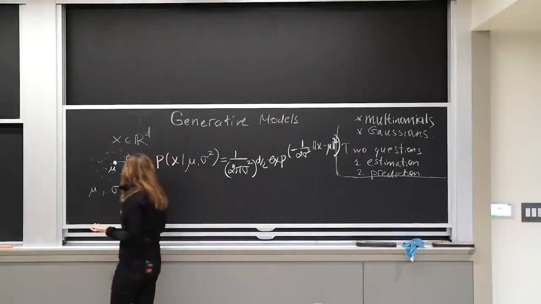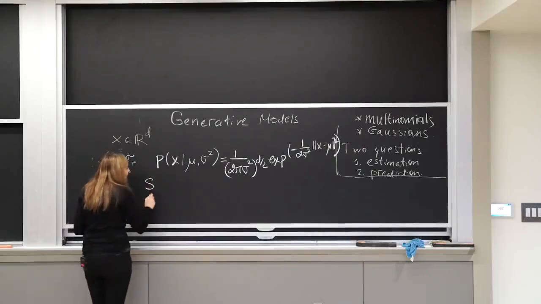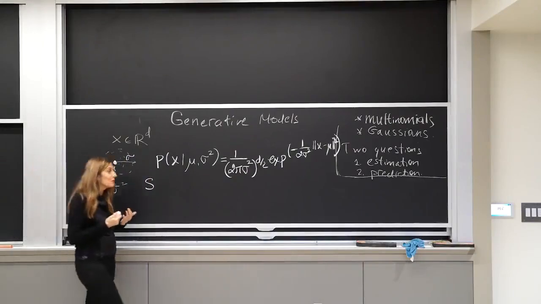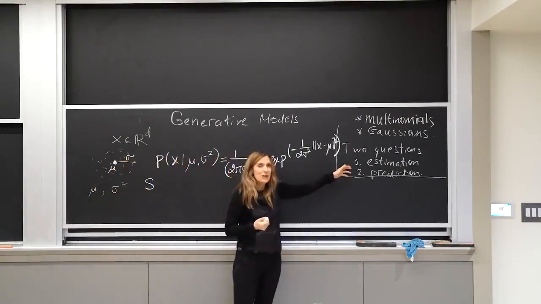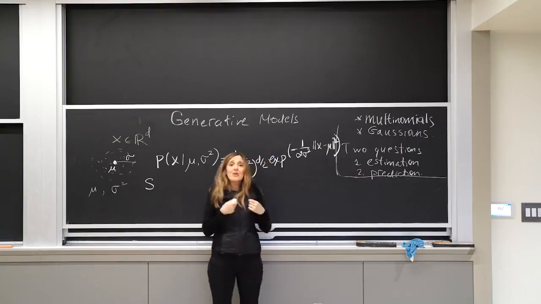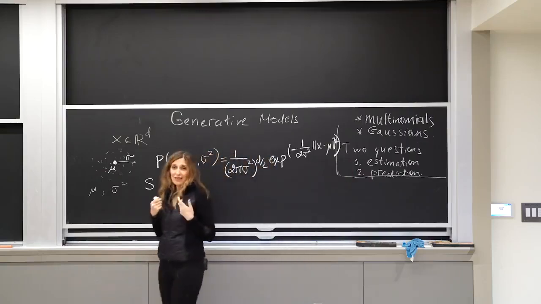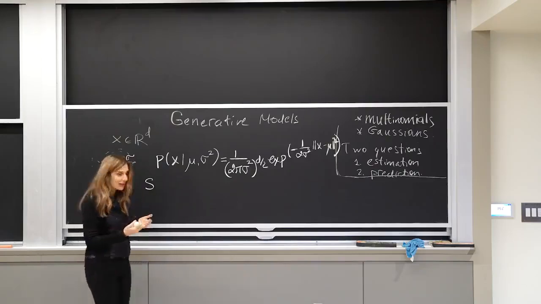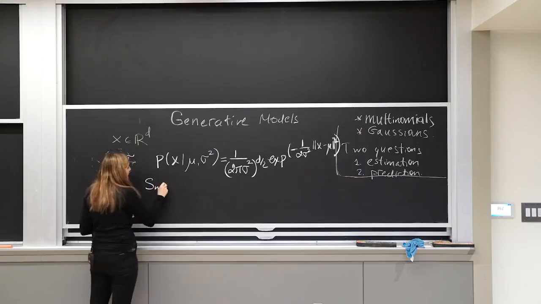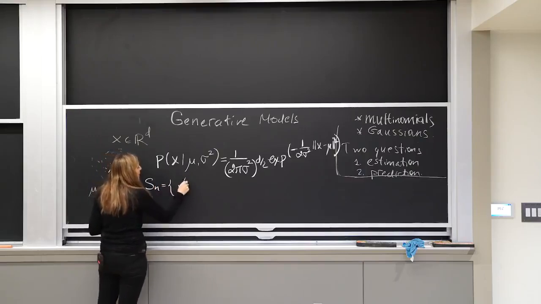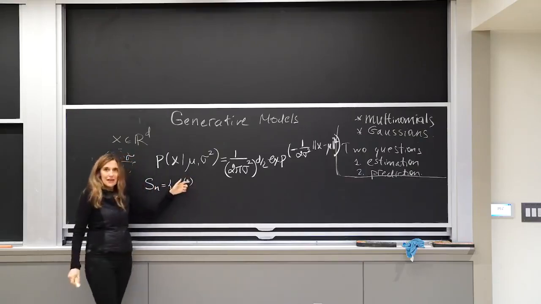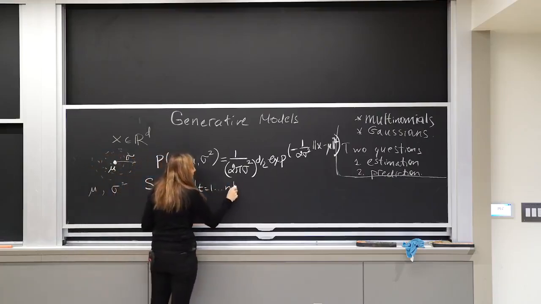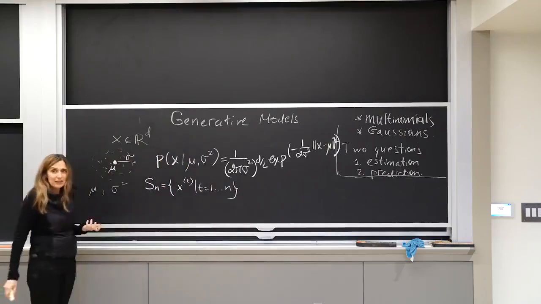So now imagine you are given some training set, and we want to find, as we've done before when we were talking about estimation, how can I find the best mu and sigma square that will give the highest likelihood to my training data? In this case, the training data will be just vectors x_t, and t would go from 1 to n, because we have n points in our training data.